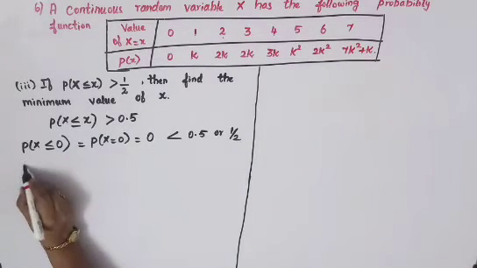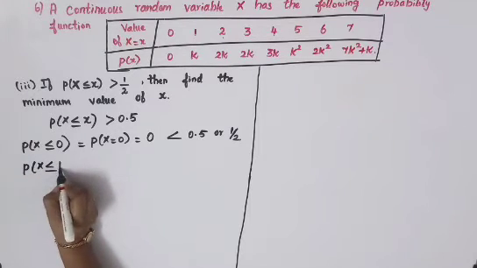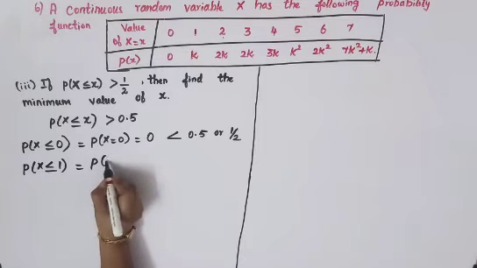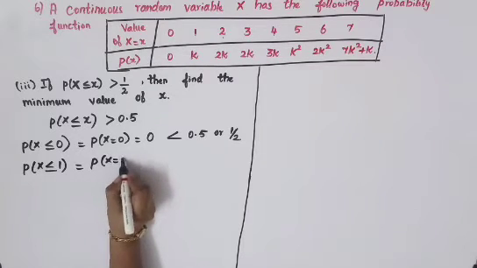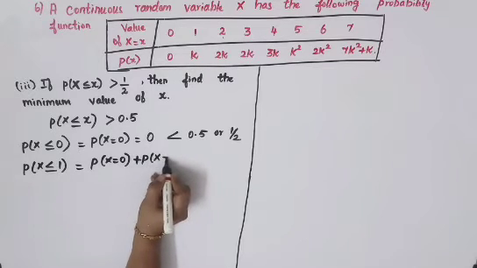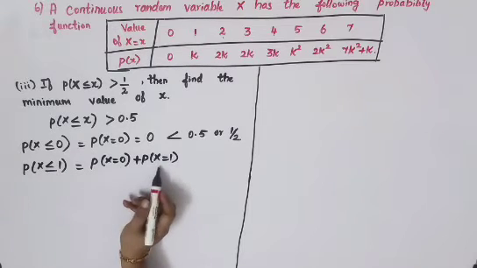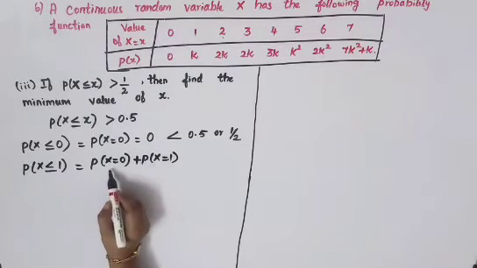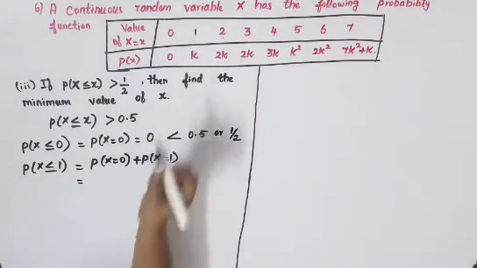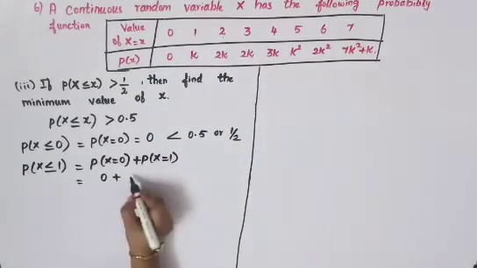Okay. So the next one is P of X less than or equal to 1, which is equal to P of X equal to 0 plus P of X equal to 1, because till 1 you can go. So 0 and 1 you will have to add. So when X is equal to 0, the value is 0, plus when X is equal to 1, it is k.